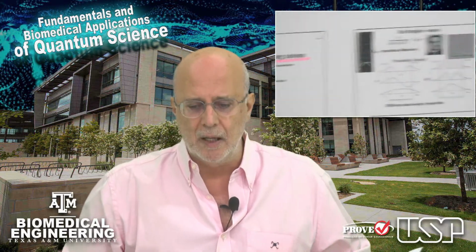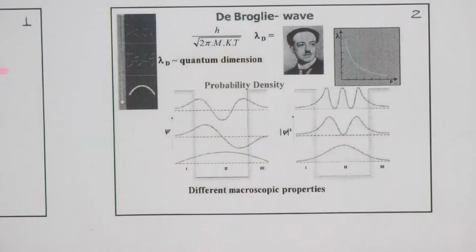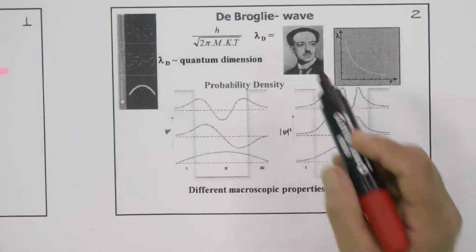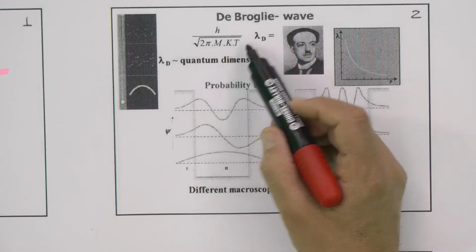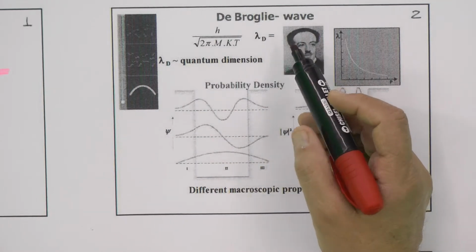Okay, so this lecture will be a little different, and I'm going to start by explaining why, to see things on the macroscopic level, we have to go to lower temperature. We have to go to lower temperature because, as I told you, temperature is related to energy, which is related to momentum.